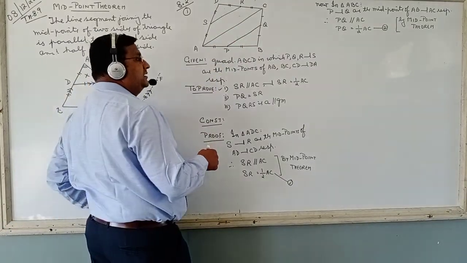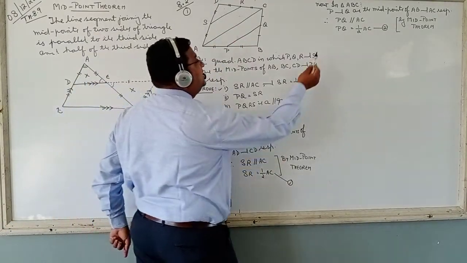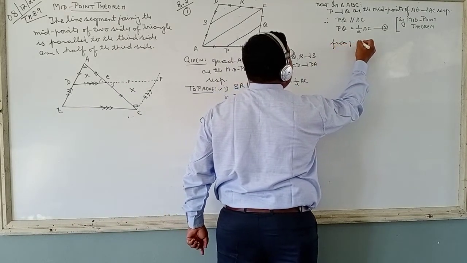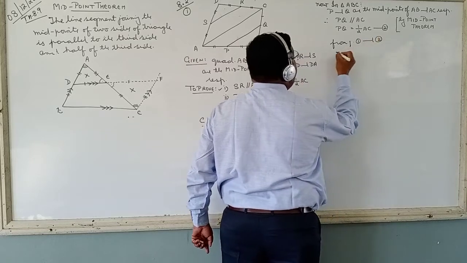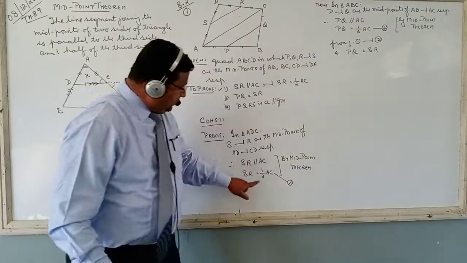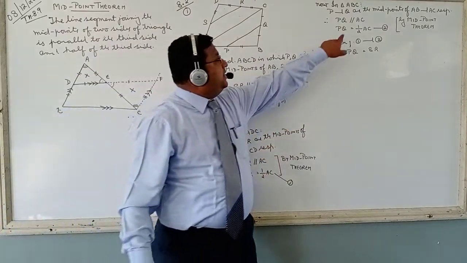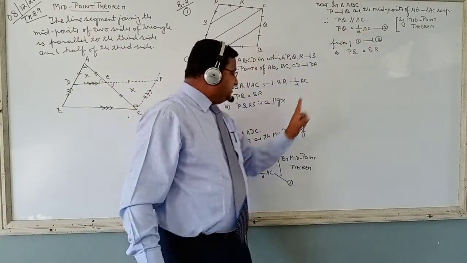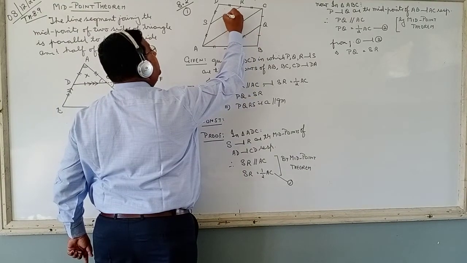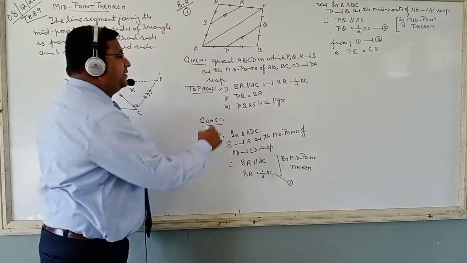So that means SR was half of AC, PQ was half of AC. So from equation first and second, PQ equals SR. SR is half of AC, PQ is also half of AC. The right hand side is equal, so the left hand side will also be equal. Second part true.